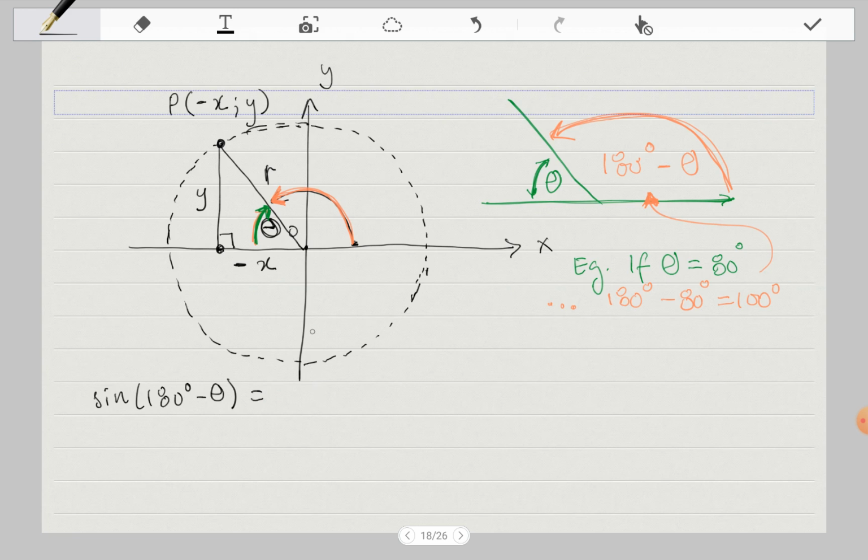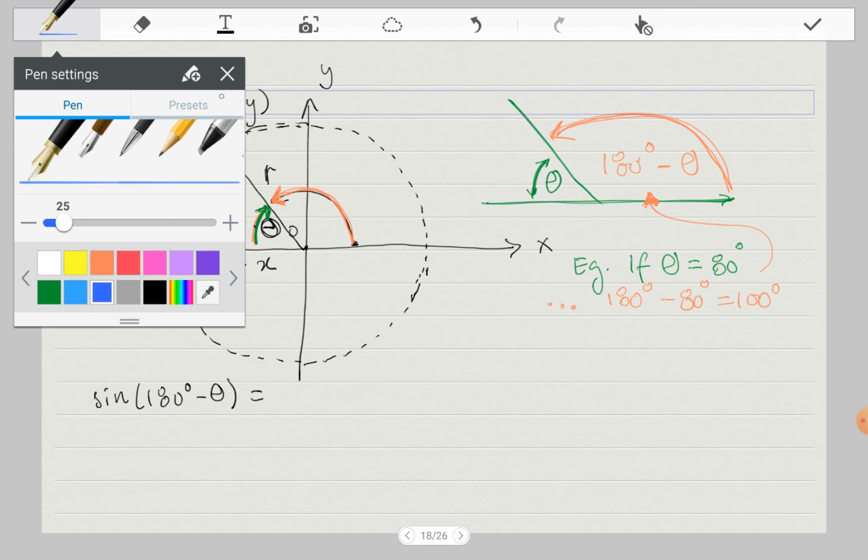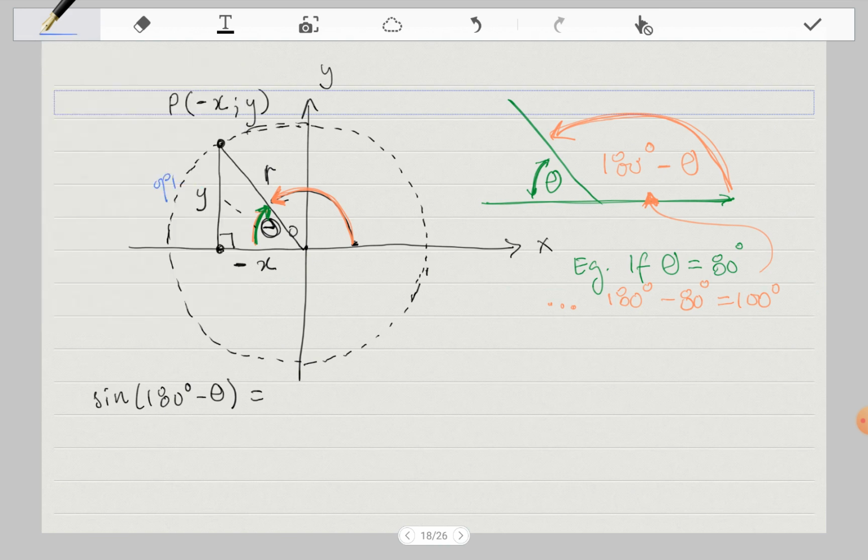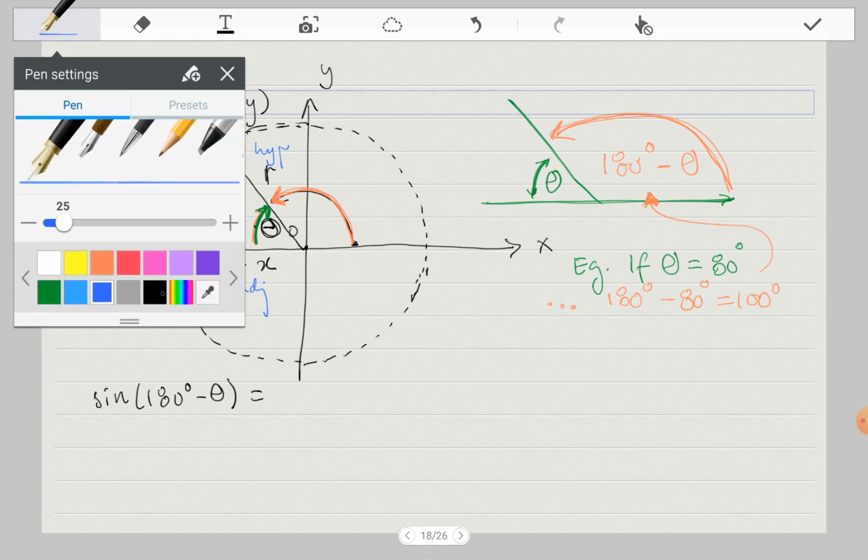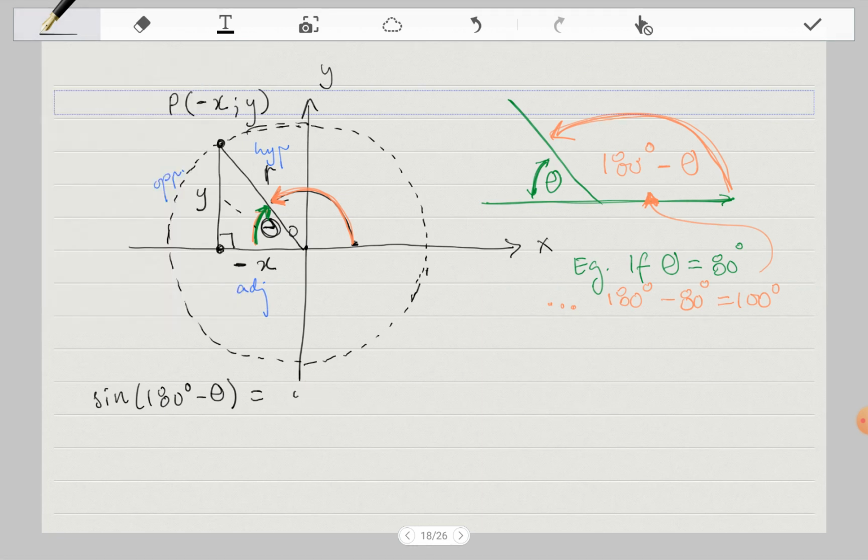Sine of 180 minus theta is going to be equal to your y value. Remember, sine is opposite over hypotenuse. This would be your opposite side, this would be your adjacent side, and this would be your hypotenuse. So it would be your opposite side, which is y, over your hypotenuse, which is r.